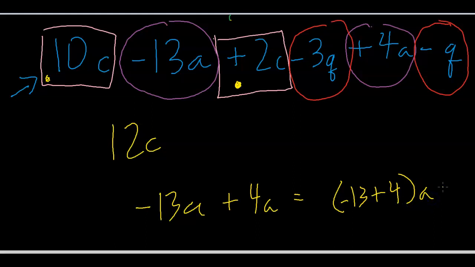Having a negative really doesn't change the way that you combine your like terms. You still just perform the arithmetic operation with the coefficients. All right, hopefully we remember from our negative number lessons how to do this. Negative 13 plus 4, that's negative 9. So we have negative 9a. So that means we have a term of negative 9a.